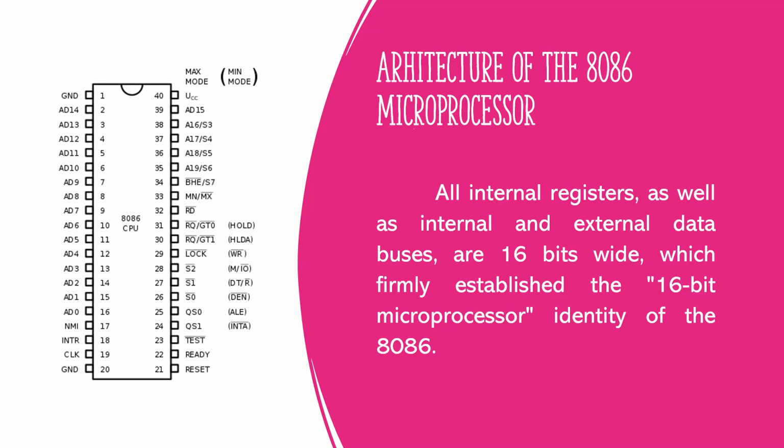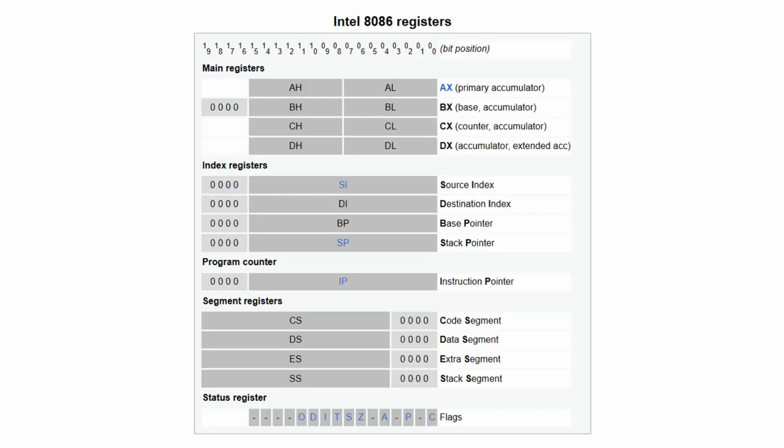All internal registers as well as internal and external data buses are 16-bit wide, which firmly establishes the 16-bit microprocessor identity of the 8086. What you should take away from this slide is that the 8086 is a 16-bit microprocessor architecture. That's something that you should keep in mind.